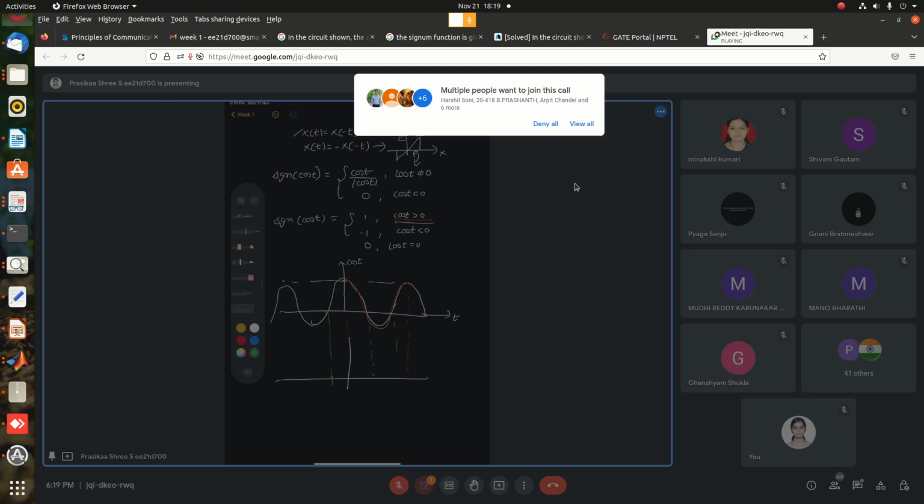Similarly 0, 0, 0. So it is greater than 0, so 1, minus 1, 1. Here T by 2, and minus T by 2. Something like this.